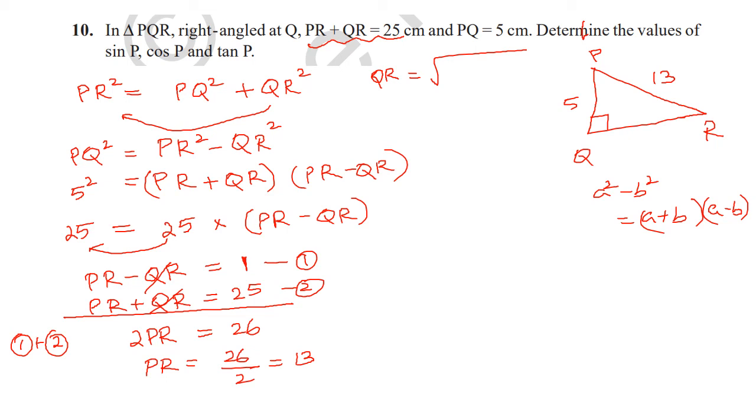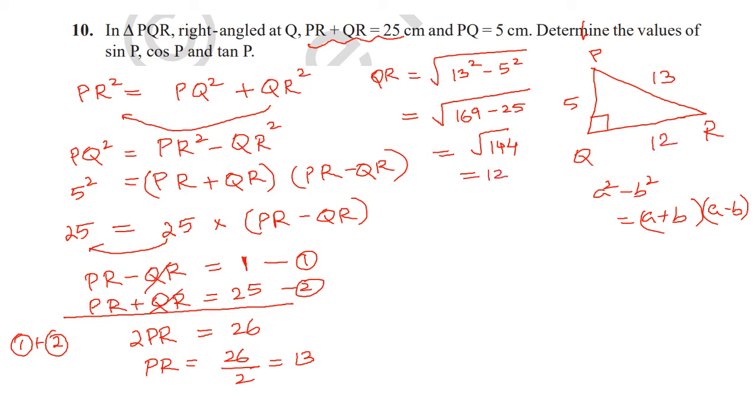Root of 13 square minus 5 square. What is that you are going to get? 13 square is 169 minus 25. What will you get? Root of 144, that is equal to 12. So you're getting this side as 12.